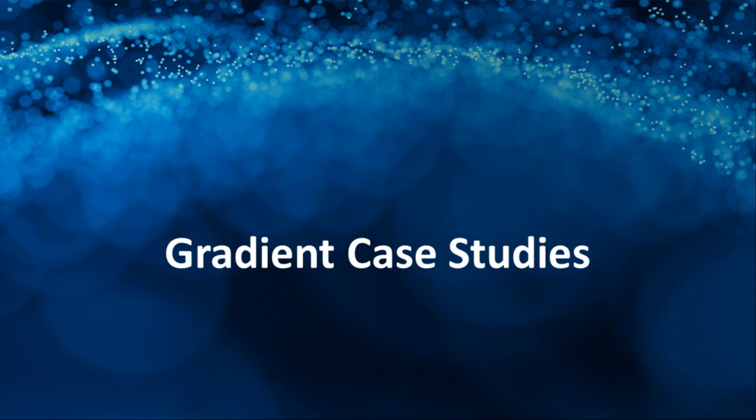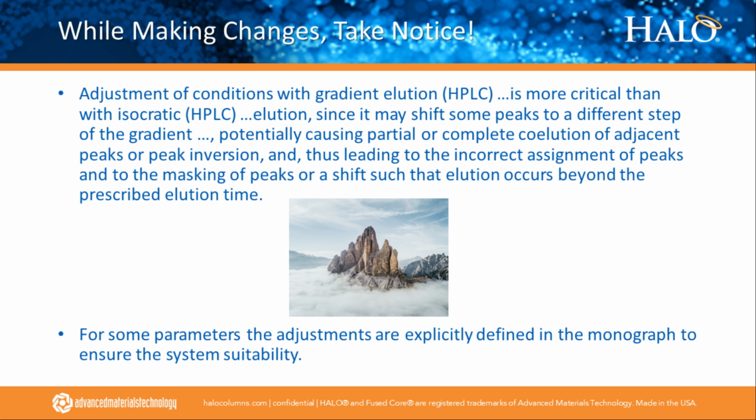So now let's examine some gradient case studies. But before we do that, I do want to point out when you're making these changes, you do have to take notice. And this is specifically called out in the Chapter 621 guidelines.